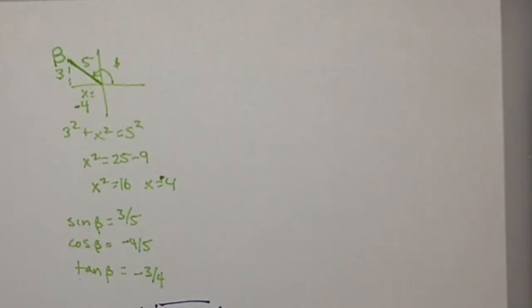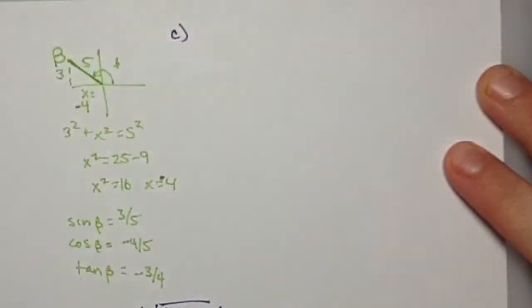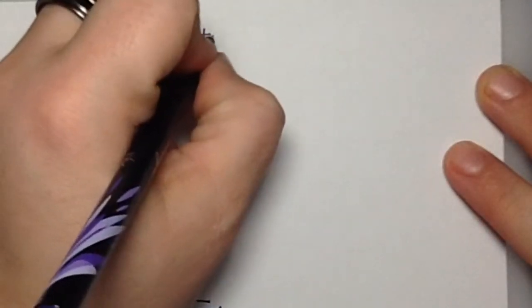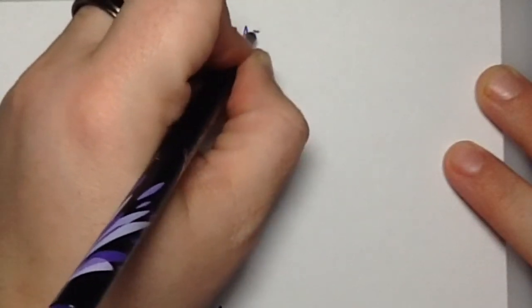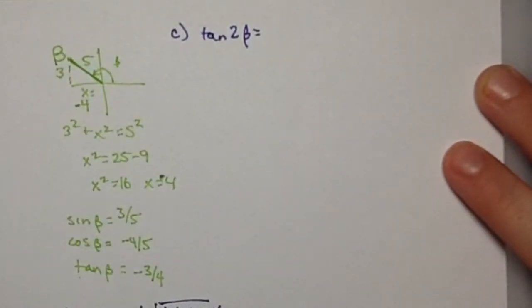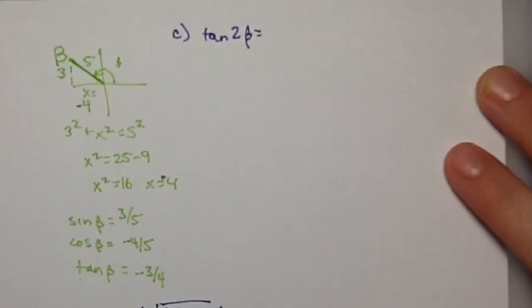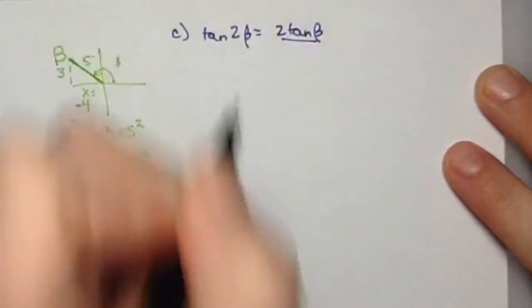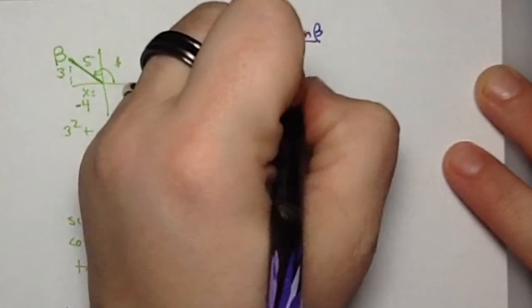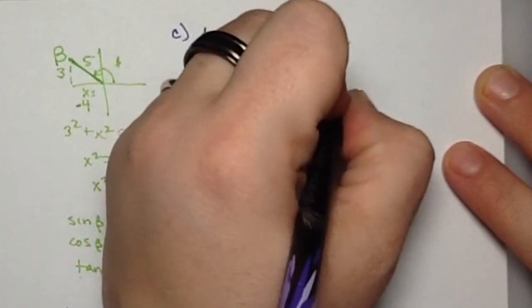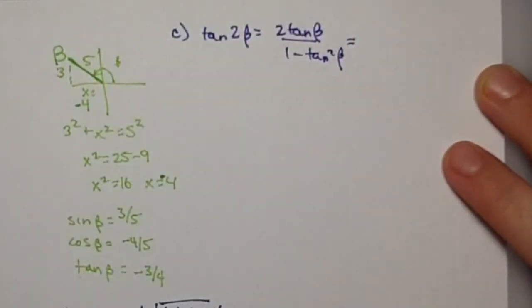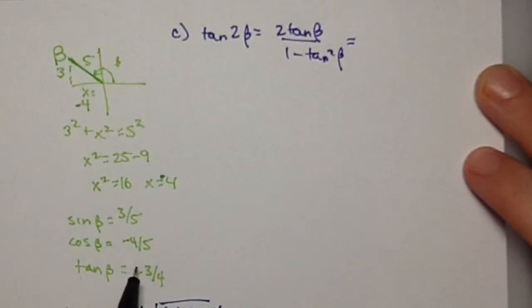So let us consider question C on number 10. C asks us to calculate the tangent of 2 beta. Now, from my double angle formula, I know that that is 2 tangent beta over 1 minus tangent squared beta. All right, so now we're going to substitute the value that we know.